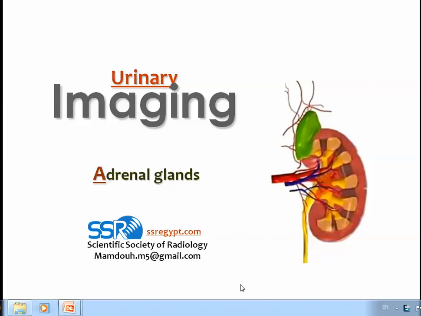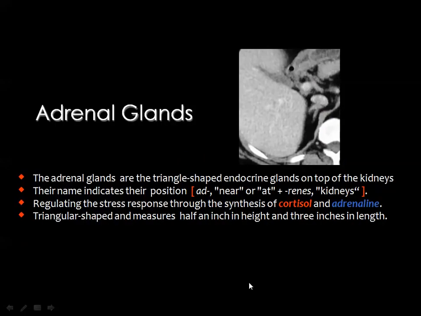Dear colleagues, this is one of the important lectures in the abdominal imaging dealing with the adrenal glands. And this is a very important subject since it will handle some of the particular issues concerning this very important gland.